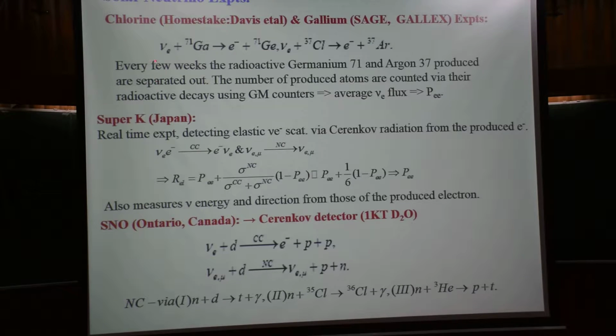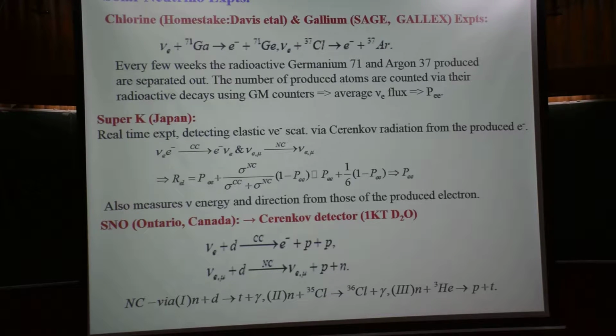In the gallium experiment, the gallium target absorbs a neutrino to give an electron and germanium 71. In the chlorine experiment, chlorine 37 absorbs a neutrino to give you argon 37 and an electron. Germanium 71 and argon 37 are radioactive substances. So from time to time, say after 2 or 3 weeks, you separate the germanium and the argon.